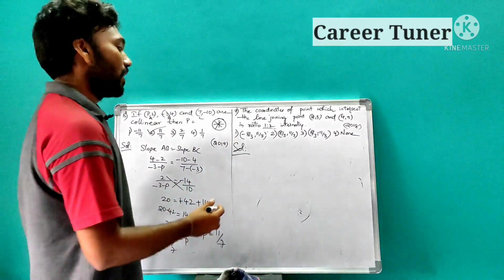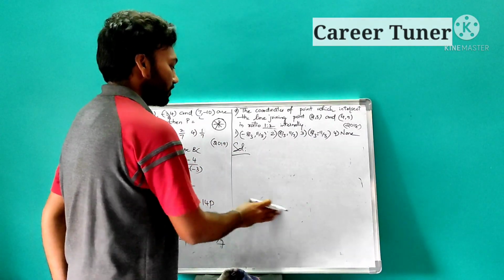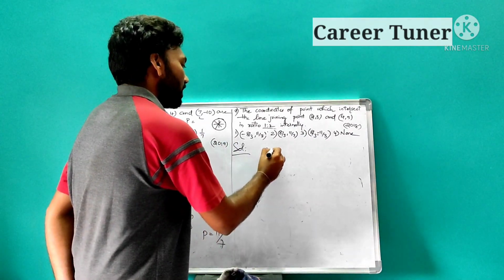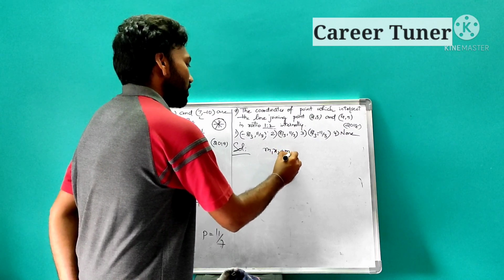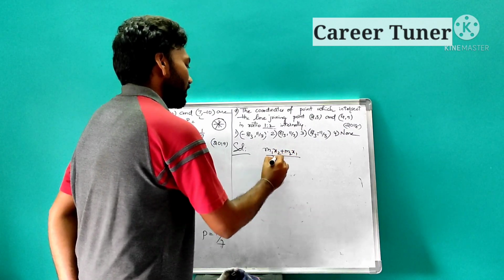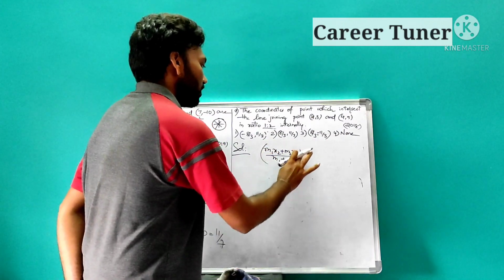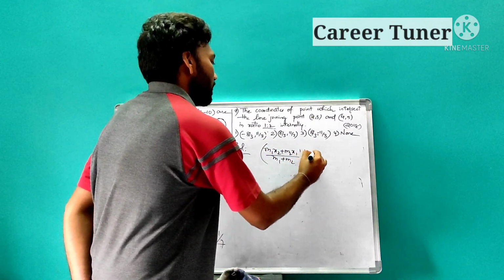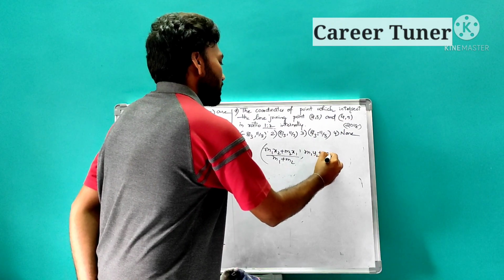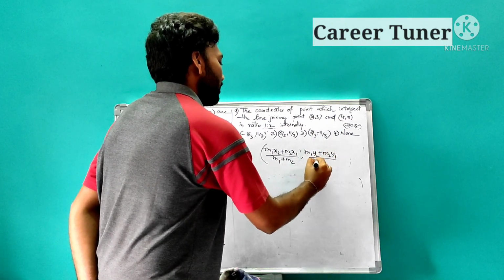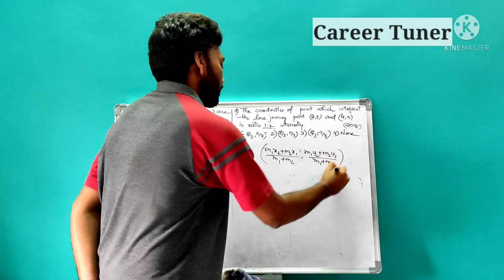So when you require the point, let us use the formula. So what is the formula? m1 x2 plus m2 x1 by m1 plus m2, comma, m1 y2 plus m2 y1 by m1 plus m2.